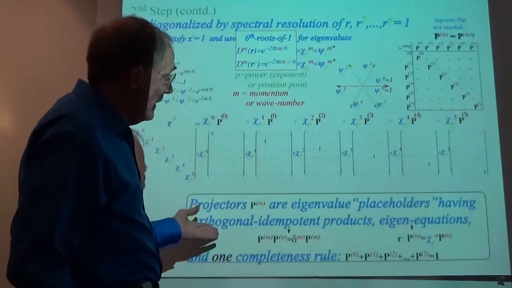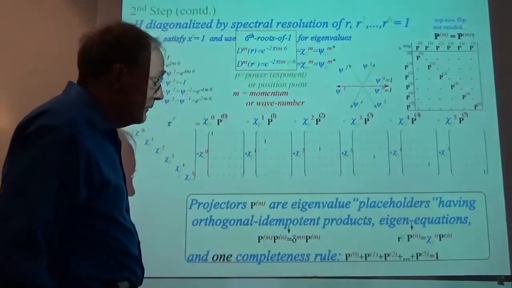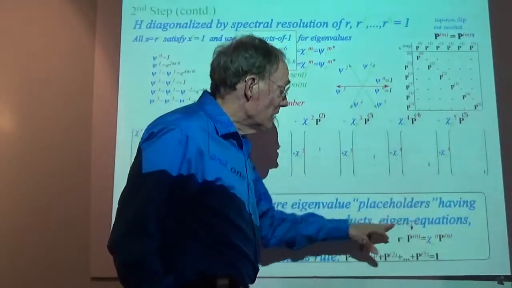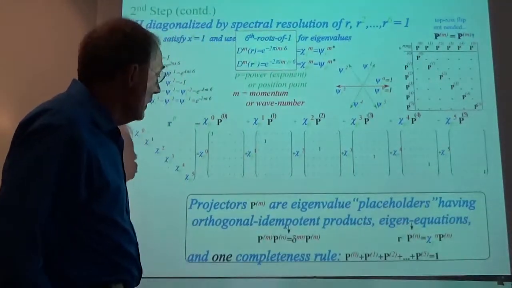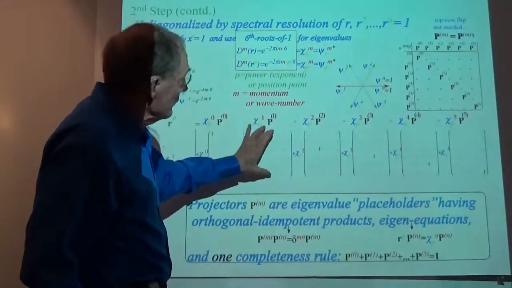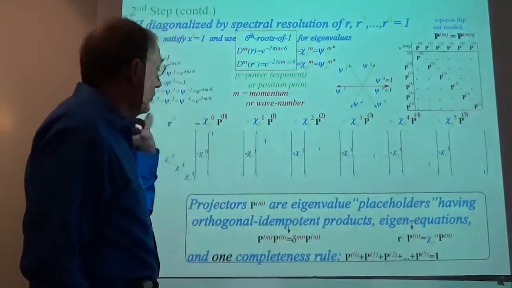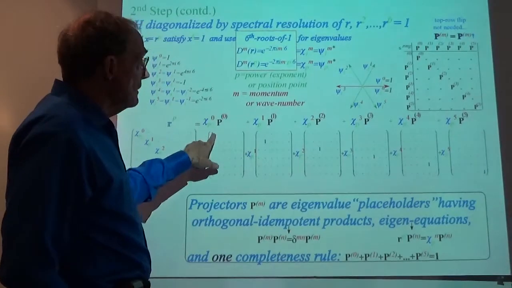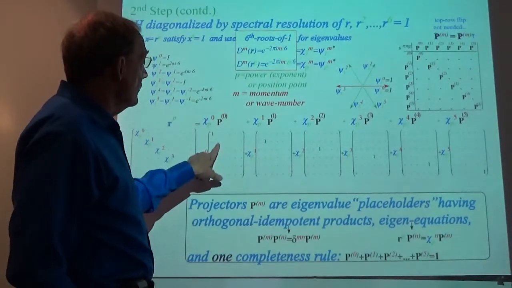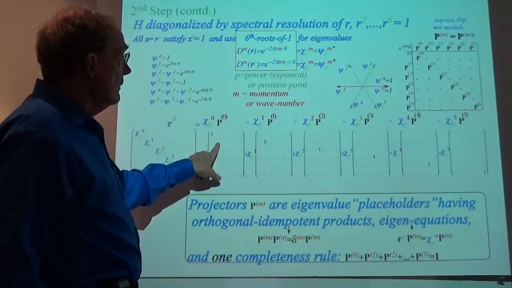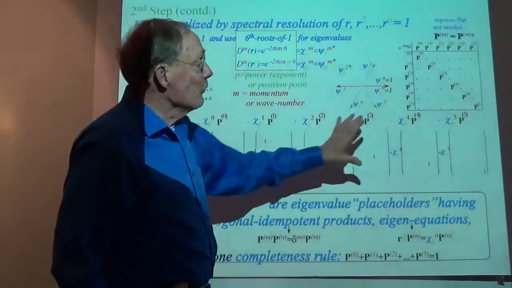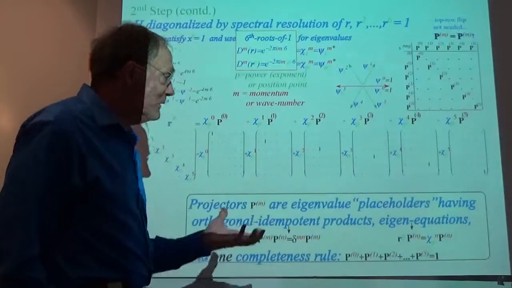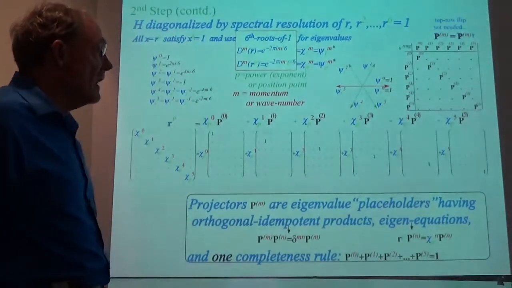And of course they have the idempotent products and the orthonormality as well. If I multiply this matrix by this matrix or any of the others, it's 0 for sure, because there's nothing waiting over here for that one when I do the product, and that one's not going to get anything either. So there's your orthonormality. So this is really just stating the obvious.